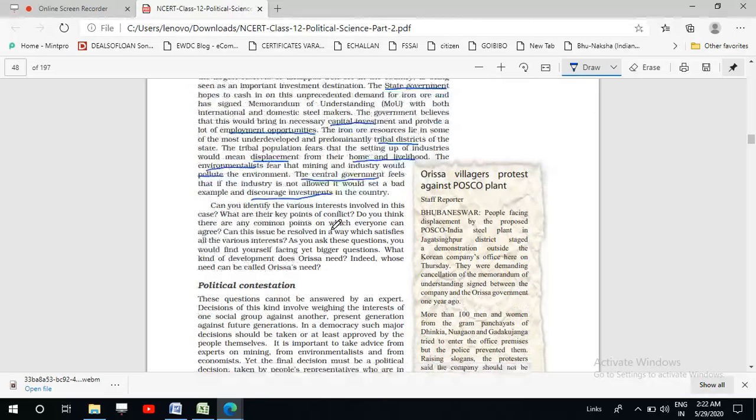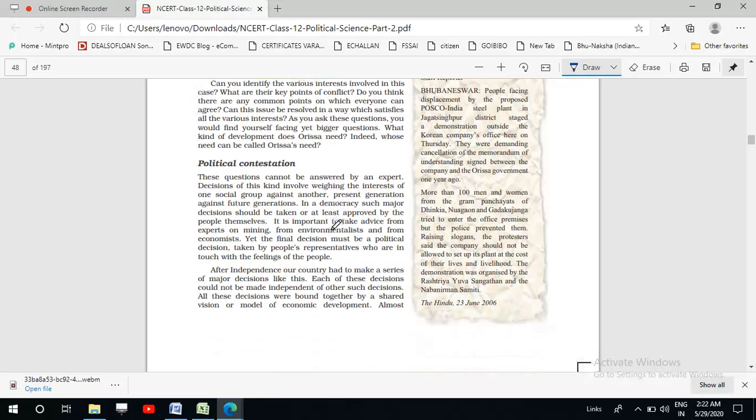In this context, we must remember some facts. The first important thing is that the question regarding the idea of development cannot be answered by an expert. We cannot think that an expert of economy can solve the whole situation.